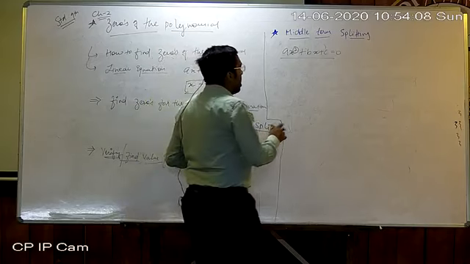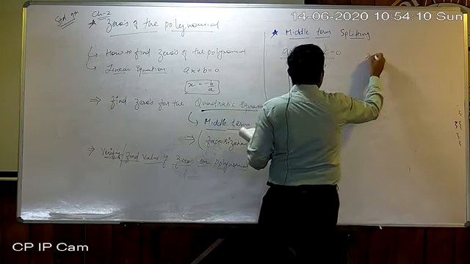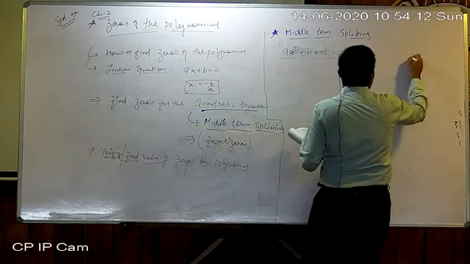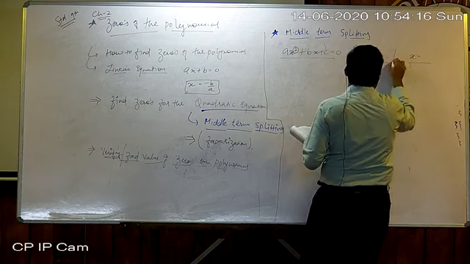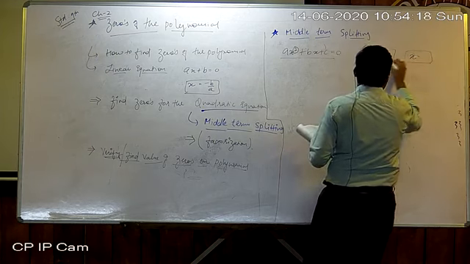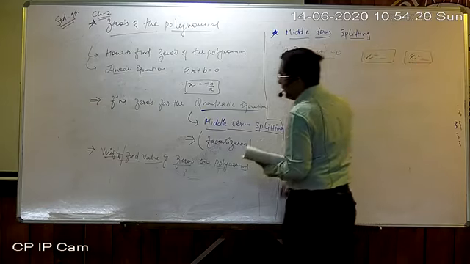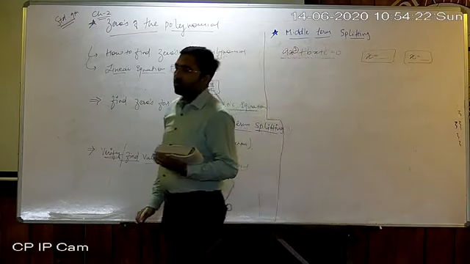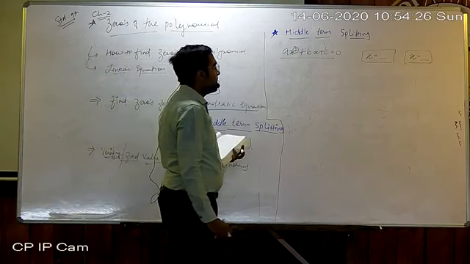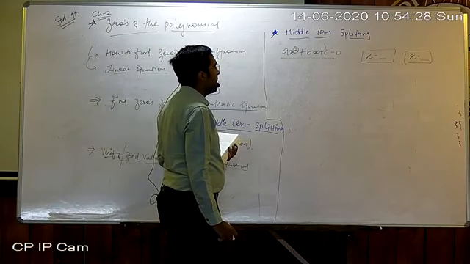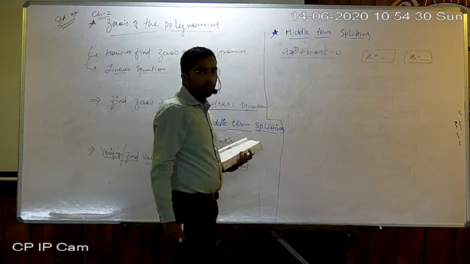So how many zeros are there to find? There are only 2 zeros we have to find.